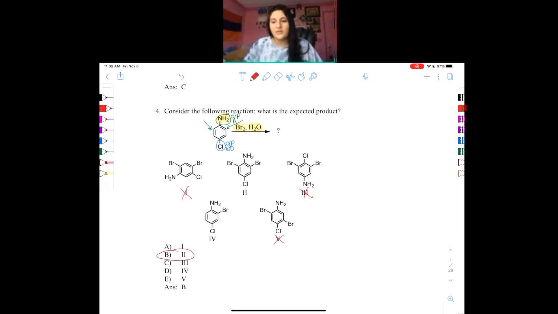The question was, what if there was no NH2? This is only going to happen because of the NH2 present. NH2 is so activating that it will make the reaction happen multiple times, essentially. And then someone said, are there any other reactions like that?